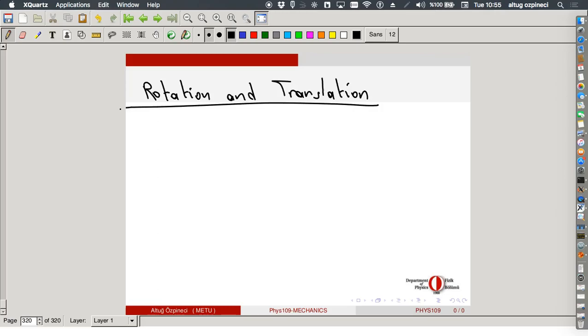Now again, we will start with the simple cases. We will first study only a system in which the axis of rotation, let's say, is not accelerating. So we have this wheel, let's say, it's just rolling with constant velocity. The center of mass is moving with constant velocity.